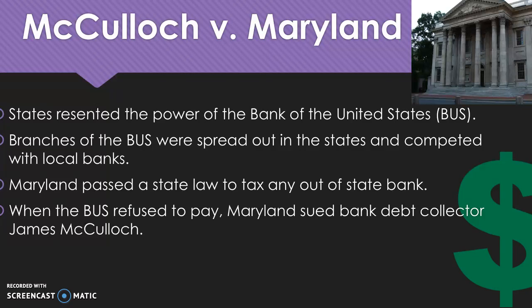So the state of Maryland tries to fight back against the Bank of the United States and passes a state law, so it would only apply in Maryland, that they would tax any out-of-state bank because they considered the federal bank to be out of state. But the Bank of the United States refuses to pay that law, saying, well, we're not a different state, we're the federal government, our laws supersede yours. And so Maryland says, no, we want our money, and they sue the debt collector, James McCulloch.